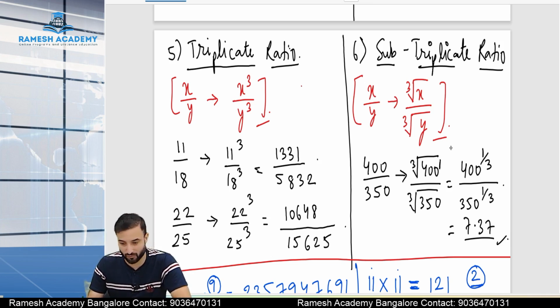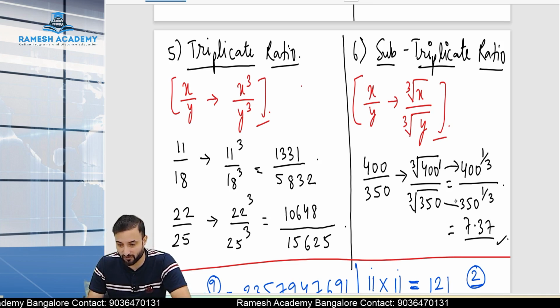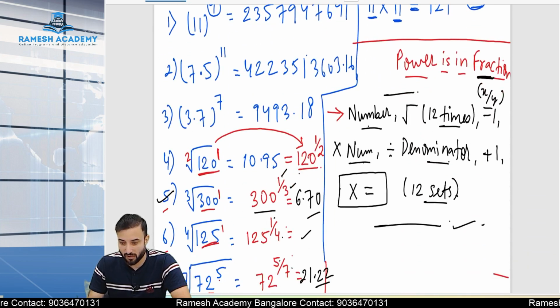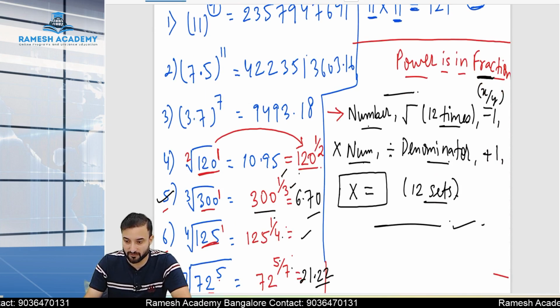Cube root of. So cube root is this, and we know how to simplify, means how to write in the simplest form, and then how to find by using this slide.